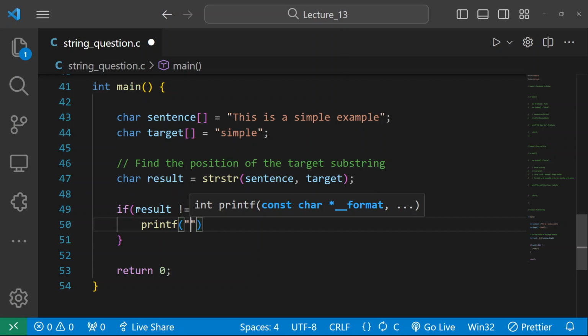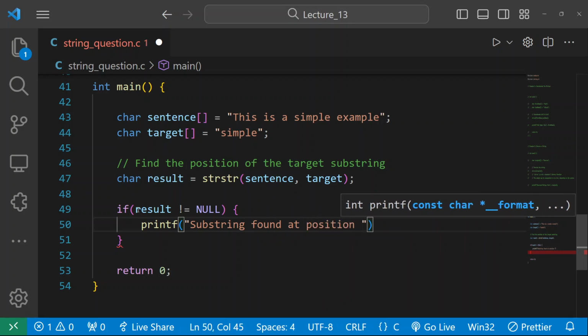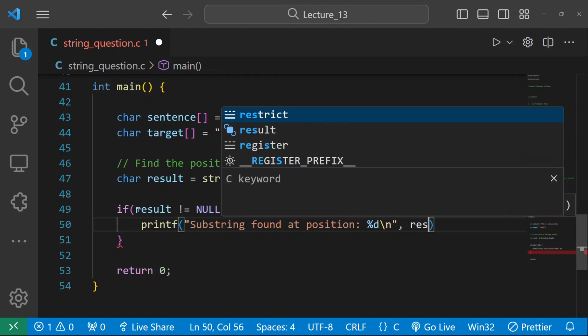The reason for writing this condition is that if it is not null, it means that I found my substring at some position. So: substring found at position, written as percent d backslash n, and after that I will be writing result.